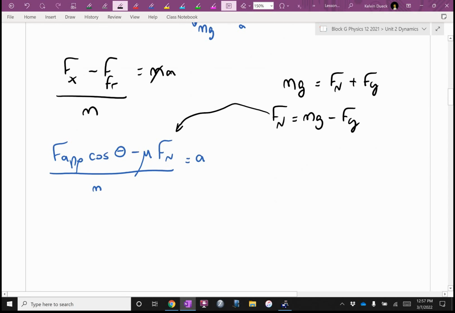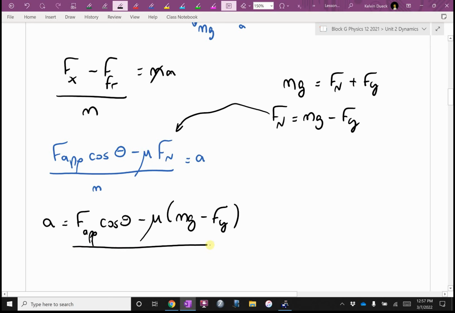Okay. So I end up with A equaling F applied cos theta minus mu bracket mg minus Fy. And that whole thing has to be in brackets because it's mu times the entire normal force, all over m.